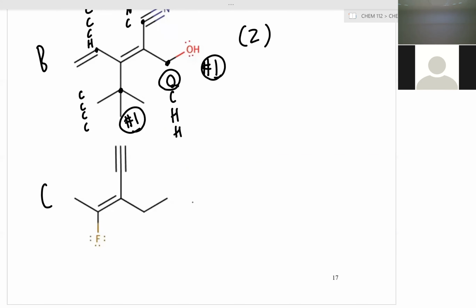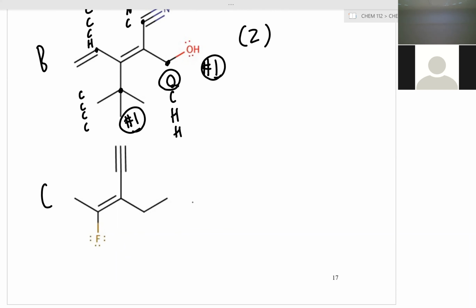Take about 1 to 2 minutes, and you're more than welcome to type your responses in chat or using the annotate feature. I see a lot of responses of E.